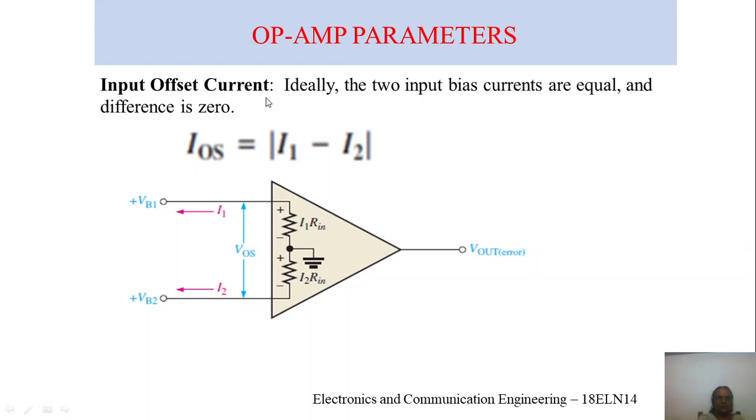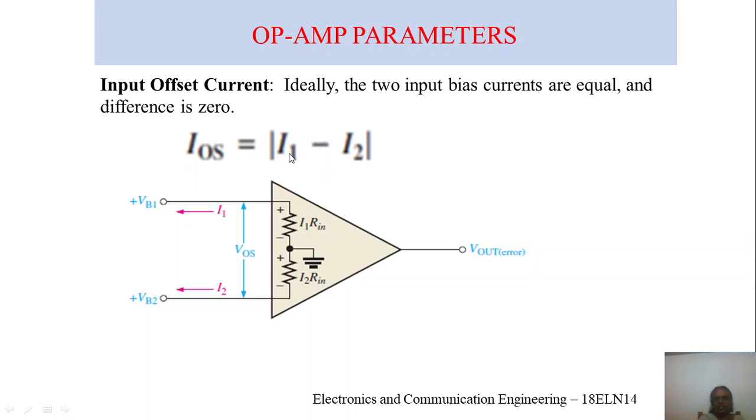The input offset current, also called IOS, is the difference of the input bias currents, expressed like this. If I1 is the input current and I2 is the input current at the inverting and non-inverting terminals, then IOS is equal to the absolute difference between I1 and I2.